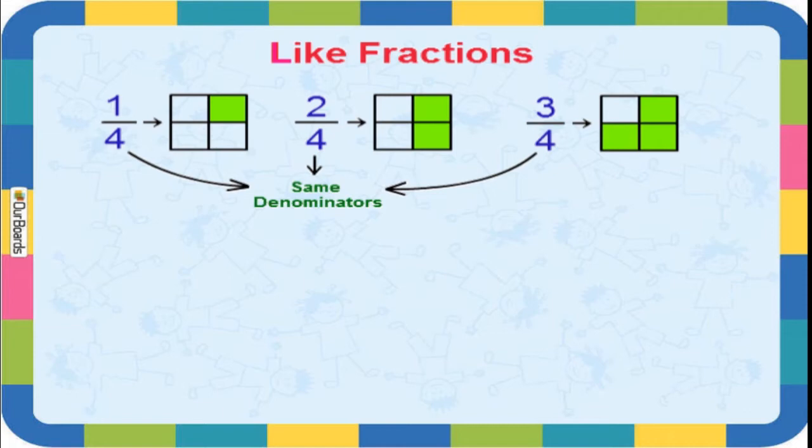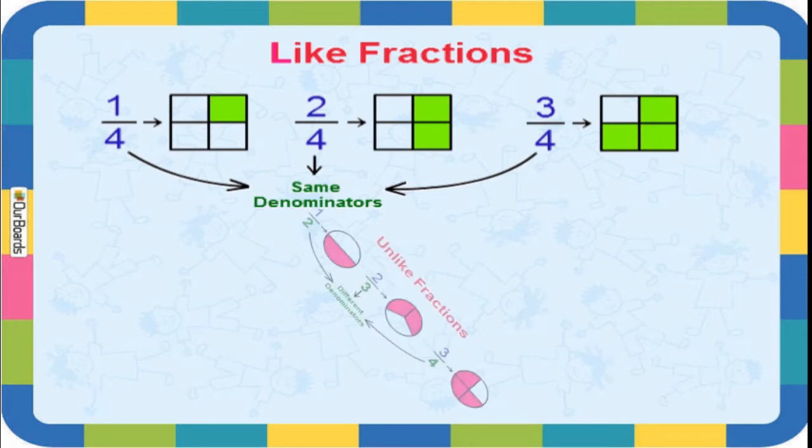In the second, 2 parts are colored out of 4. And in the third picture, 3 parts are colored out of 4. Means the denominator is same here. So these 3 are called like fractions. Okay. Here we can compare: 1 upon 4 is less than 2 upon 4, and 2 upon 4 is less than 3 upon 4.